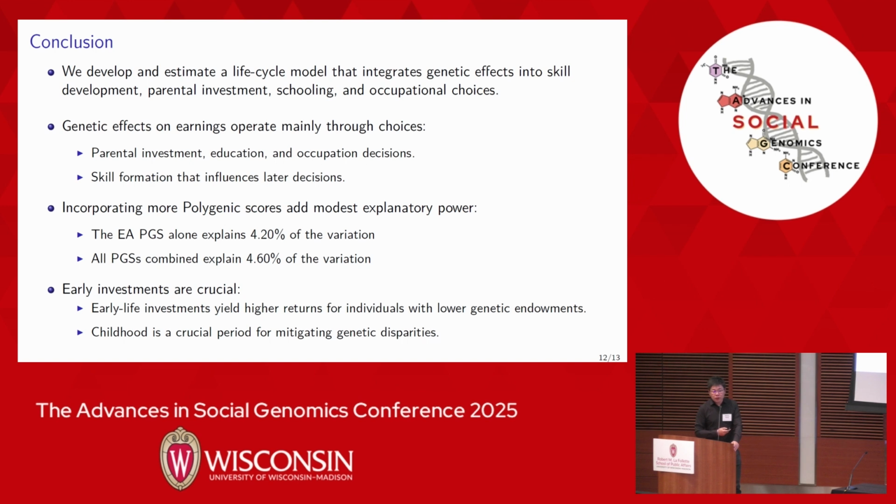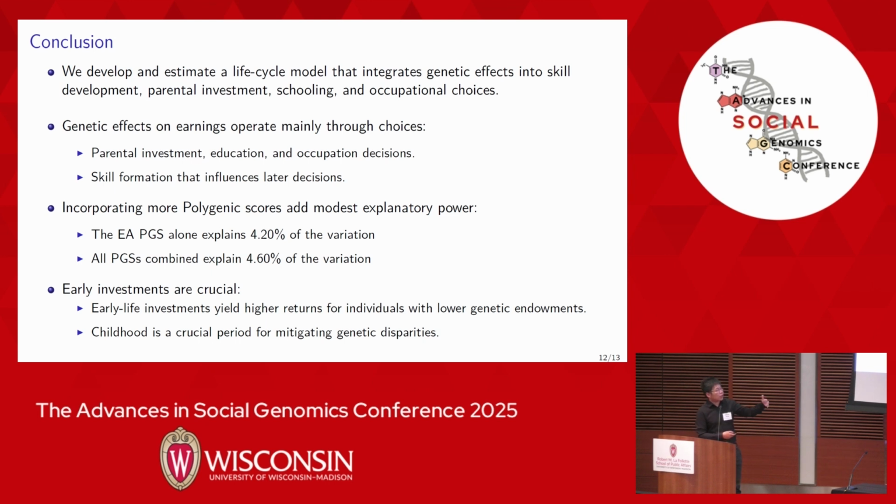In terms of explanatory power, about 4% of the lifetime earnings variation can be attributed to the EAPGS. And if we add other possible polygenic scores we can find in the literature, it increases slightly the total variation that can be explained.